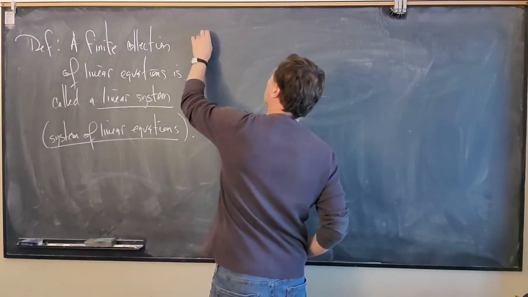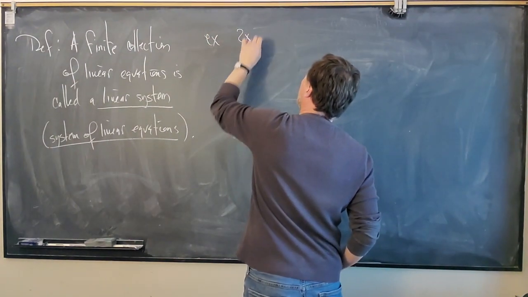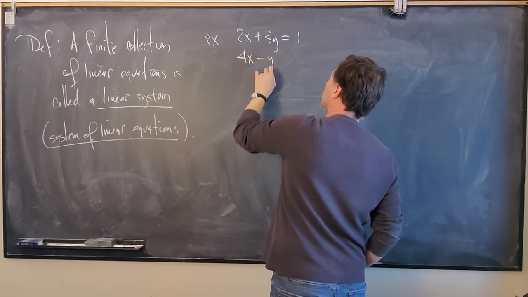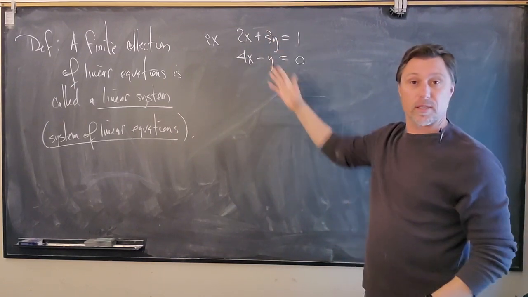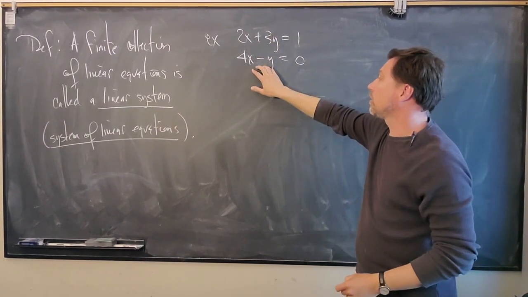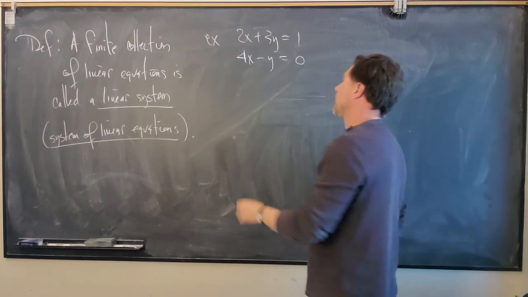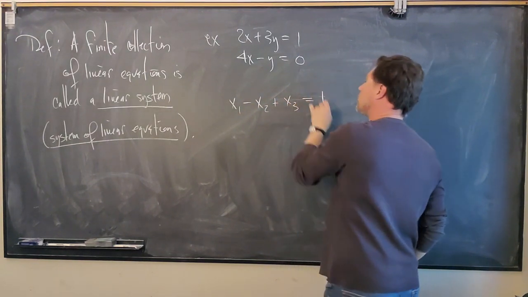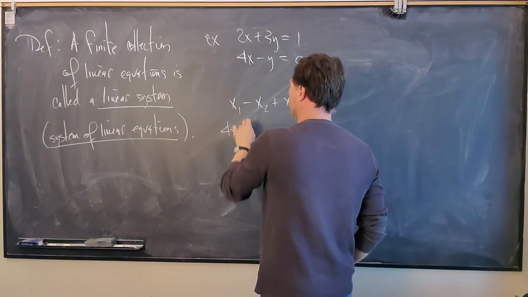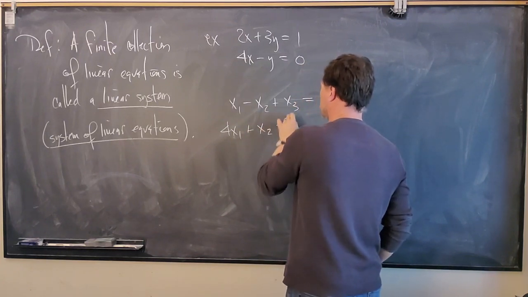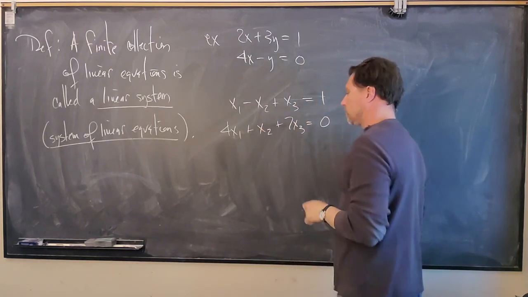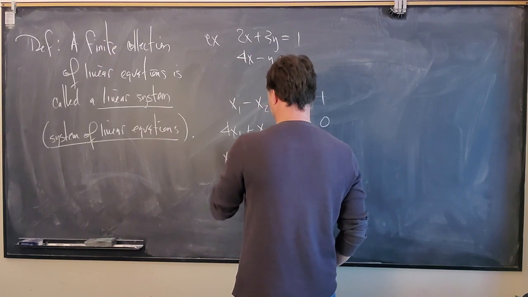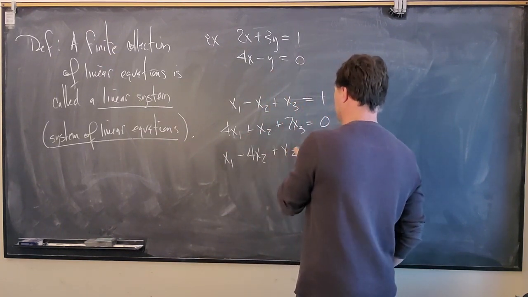So for example, 2x plus 3y equals 1, 4x minus y equals 0. Here's an example of a system of linear equations. Here we've got two variables for each, right? And we've got two equations. Another example, x1 minus x2 plus 3x3 equals 1, 4x1 plus x2 plus 7x3 equals 0, x1 minus 4x2 plus x3 equals 0.